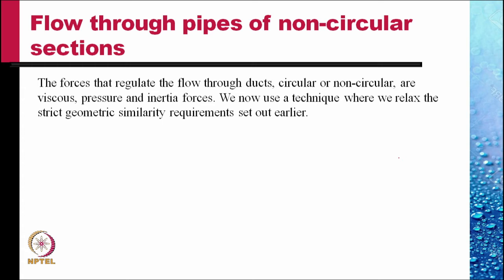The types of forces that regulate the flow through ducts, circular or non-circular, are viscous, pressure, and inertia. We now use a technique where we can relax such strict geometrical similarity requirements that has been set out earlier.